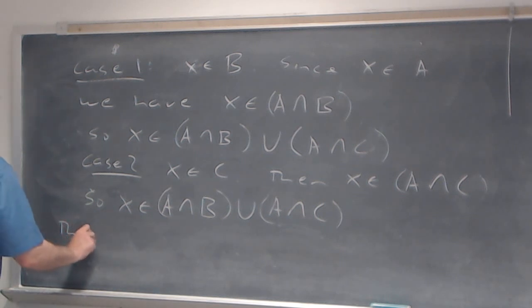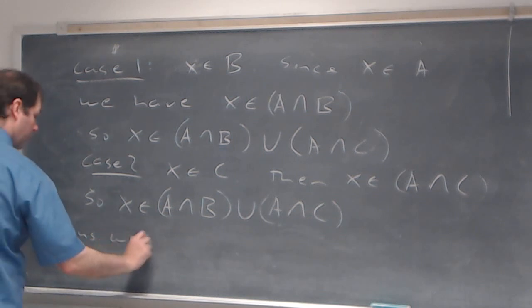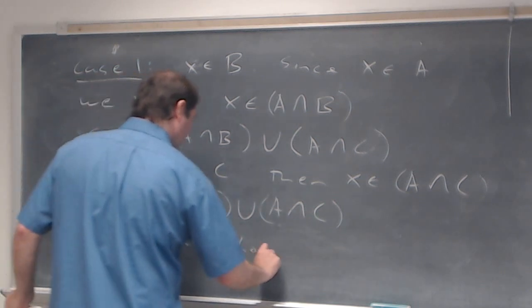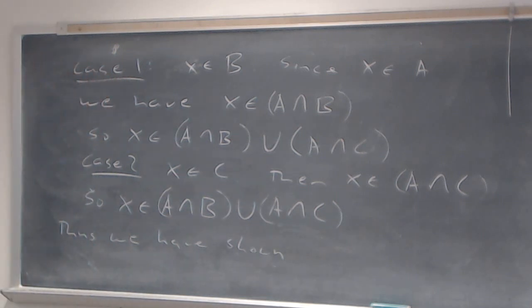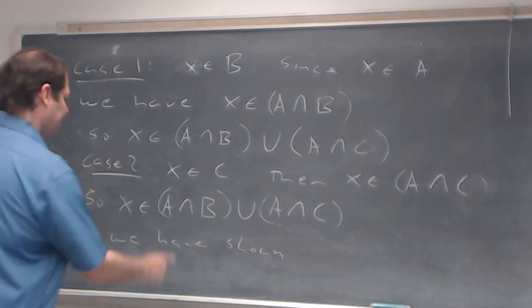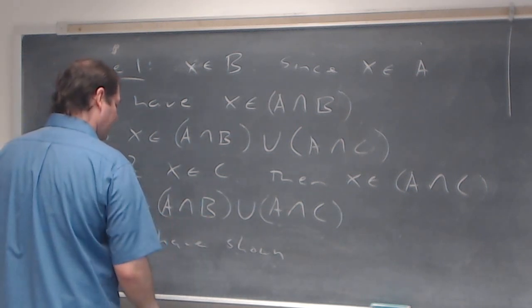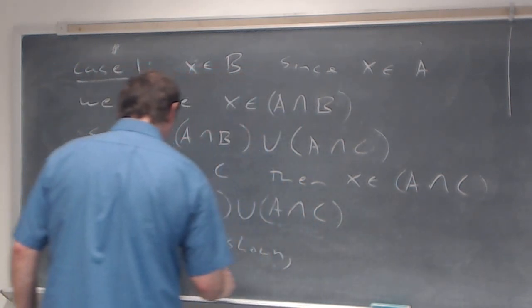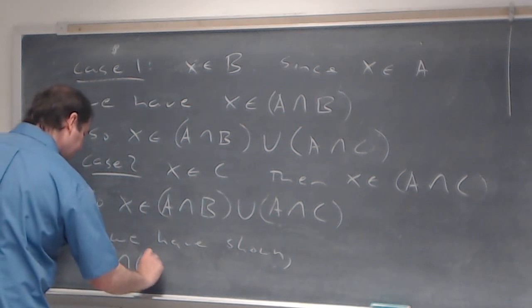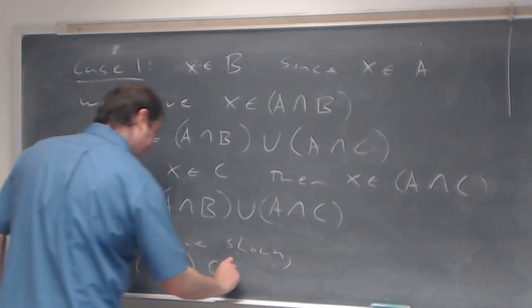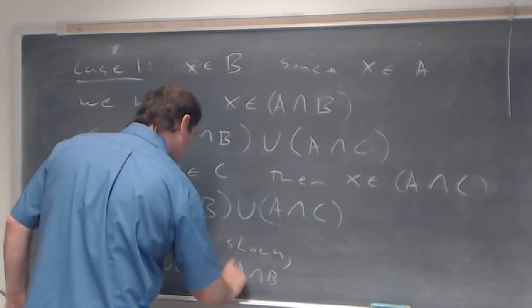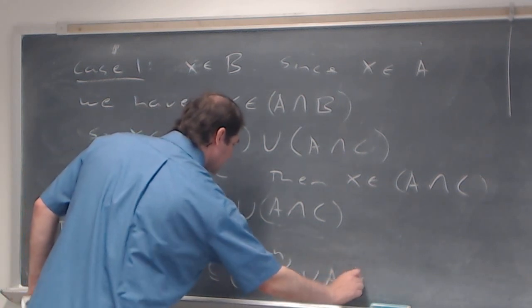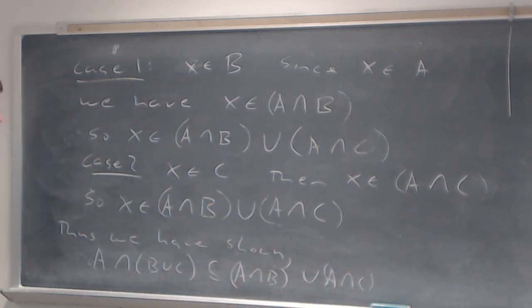Thus, in all cases, we have shown that if you give me something in the quantity A intersect the quantity B union C, the left-hand set, then it's in A intersect B union A intersect C. So we've shown that A intersect the quantity B union C is a subset of A intersect B union A intersect C. To show equality between these two sets, I now have to show that this right-hand set is a subset of the left-hand set.